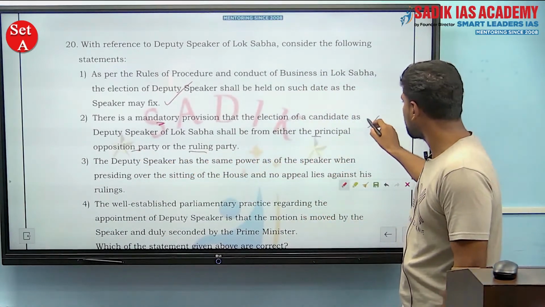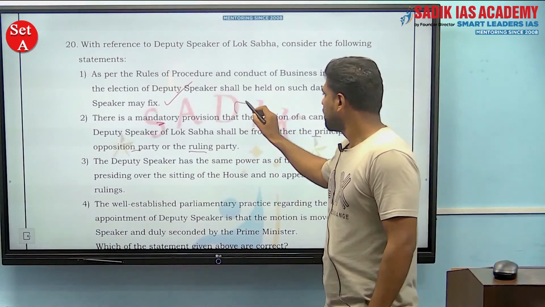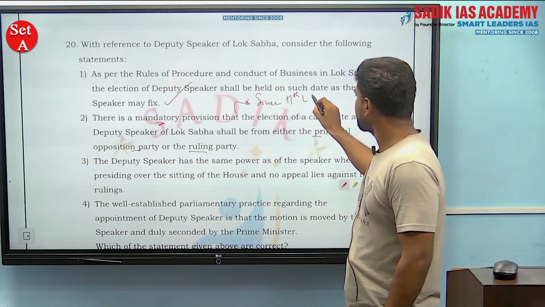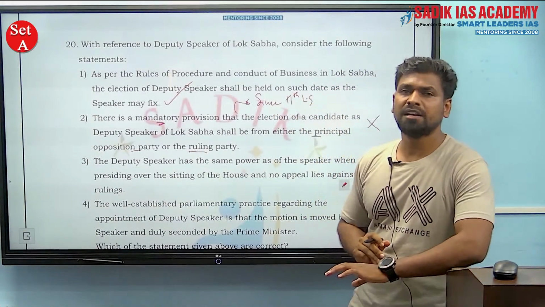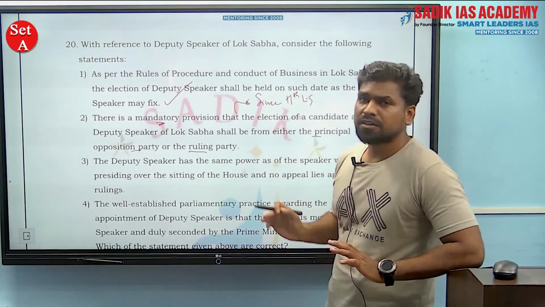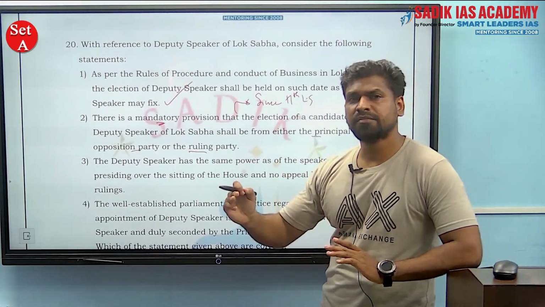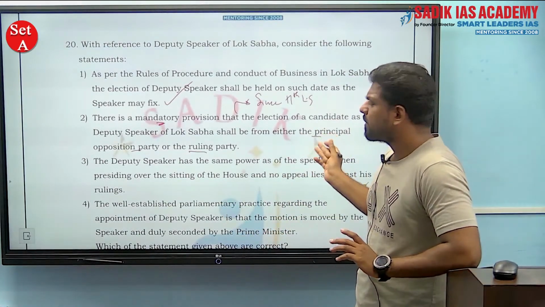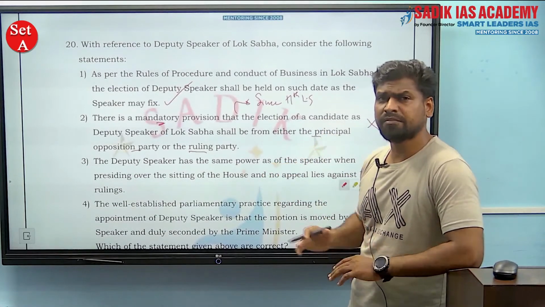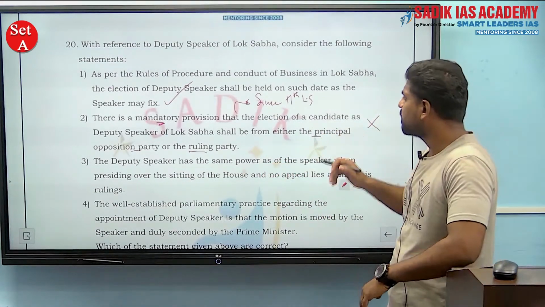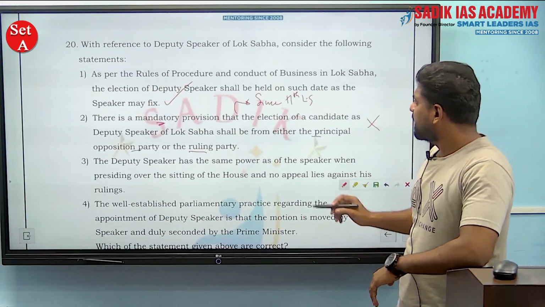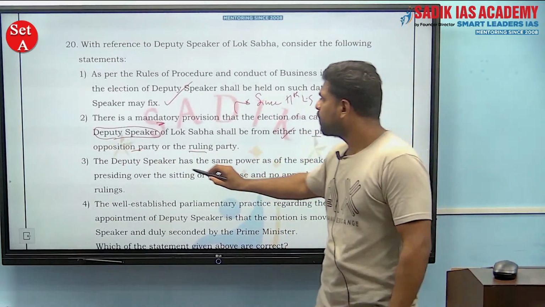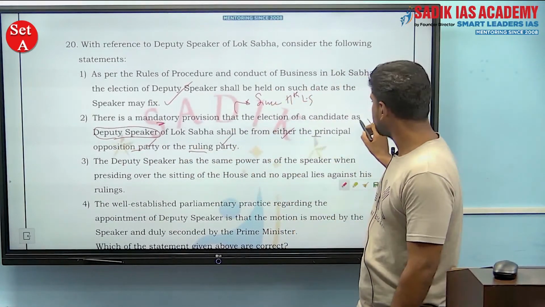This statement is wrong because since the 11th Lok Sabha, there evolved a parliamentary convention that the position of Speaker will be coming from the ruling party, and the office of the Deputy Speaker will unanimously be coming from the opposition party. Therefore, this particular provision is wrong, because it says that the office of Deputy Speaker will come from either the opposition party or the ruling party. Therefore, this statement is wrong.